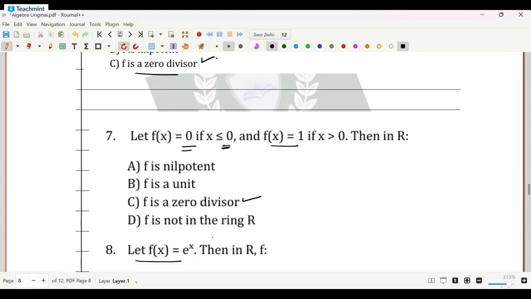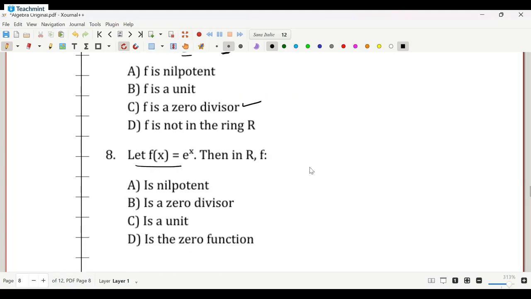f of x equal to e power x is never equal to 0, sir, for all x belongs to R. So it is a unit. There seems to be one more question: f of x equal to x square into sin x.